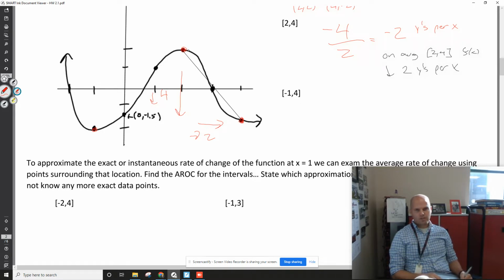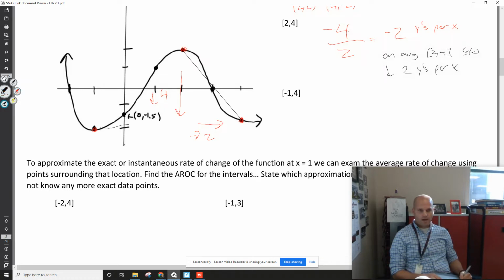Now, obviously the function's decreasing slower, then quicker, then slower. So this is why it's an average rate of change. It's not telling you exactly how the function's changing. It's just saying, on average, if you go from here to here, that's how much you changed. This function goes up and then down.